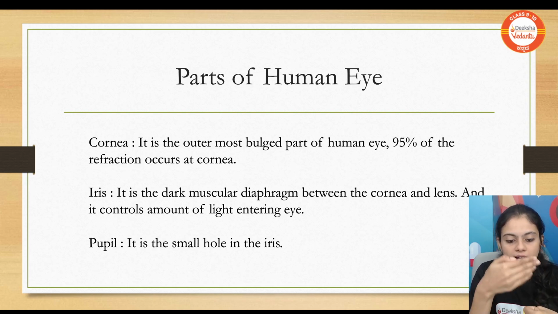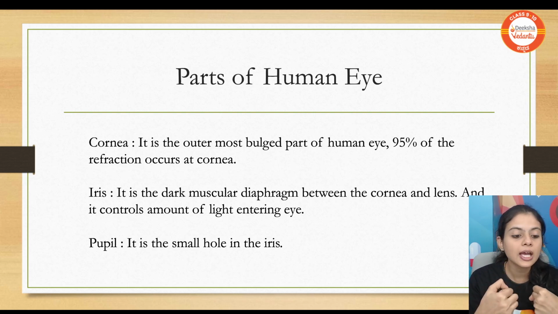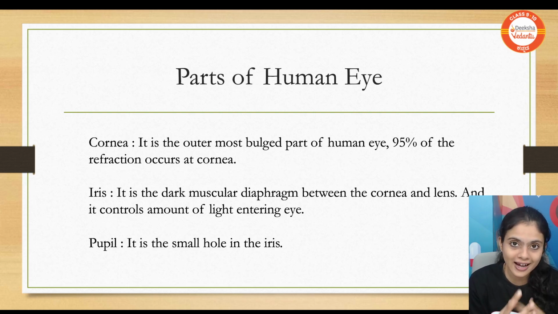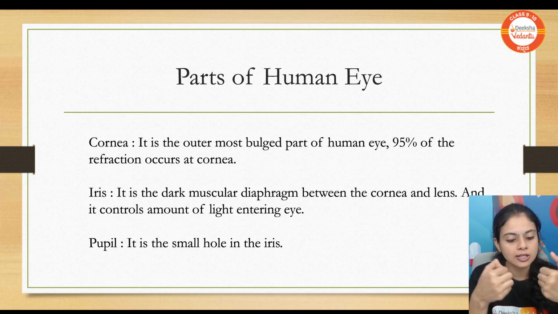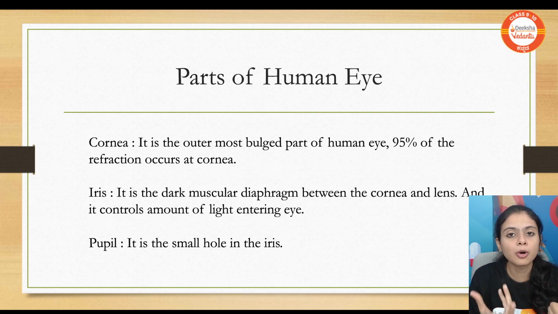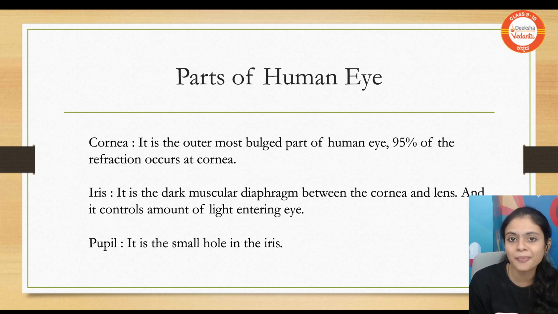Here there is the cornea, inside that there is the lens, and the iris controls the amount of light entering the eye. How much? If it expands, a large amount of light can enter our eye. If it contracts, less light enters our eye.